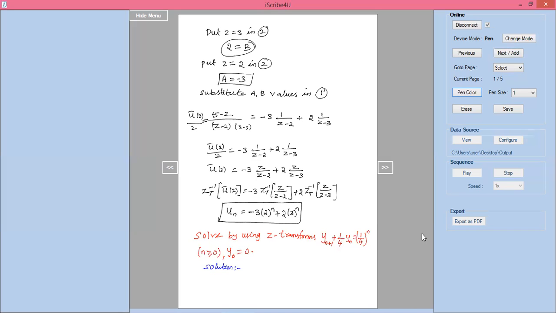Given should be y(n+1) + 1/4 y(n) = (1/4)^n, y(0) = 0. Now, we can apply the Z transform on both sides.